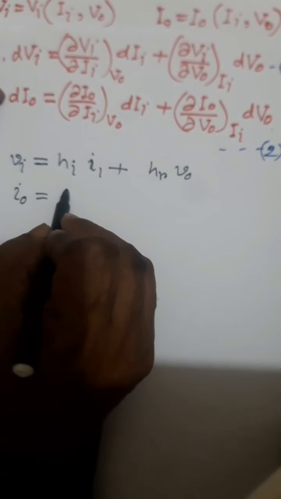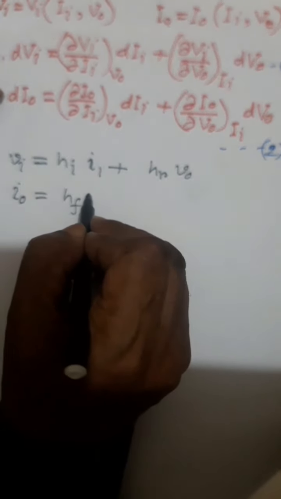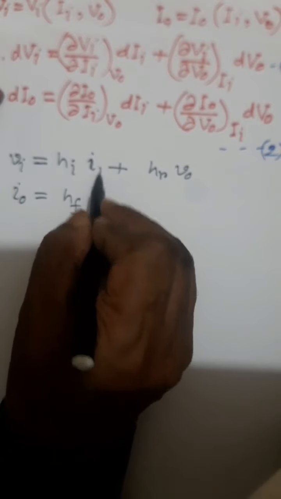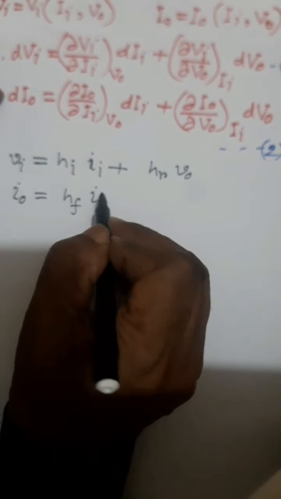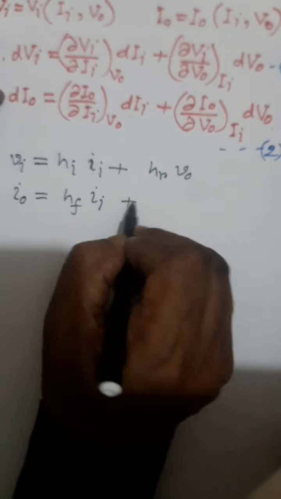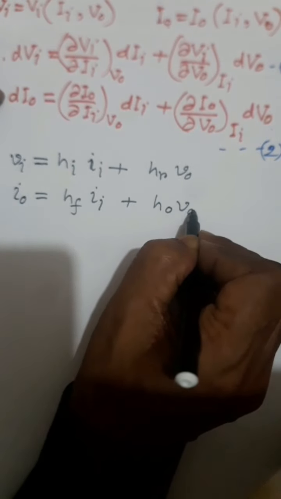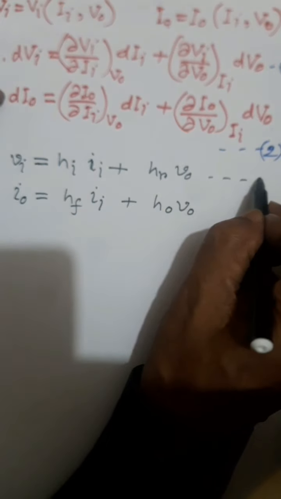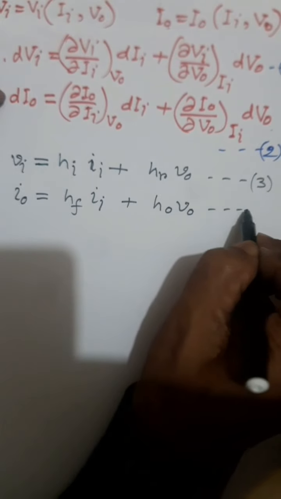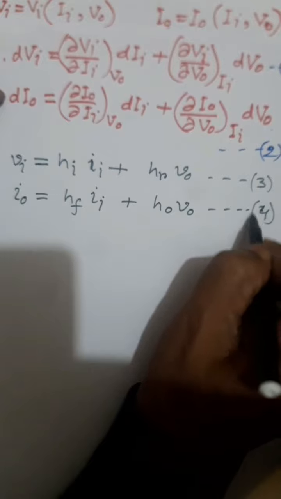Similarly, Io equal to Hf Ii plus Ho Vo. This is equation 3 and this is equation 4.